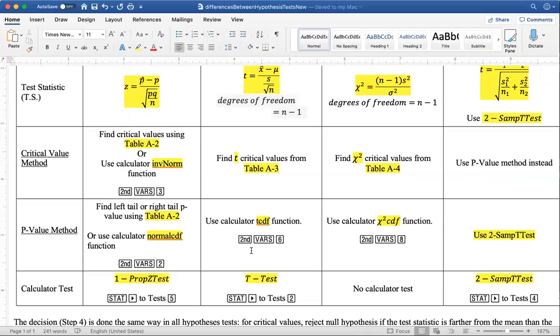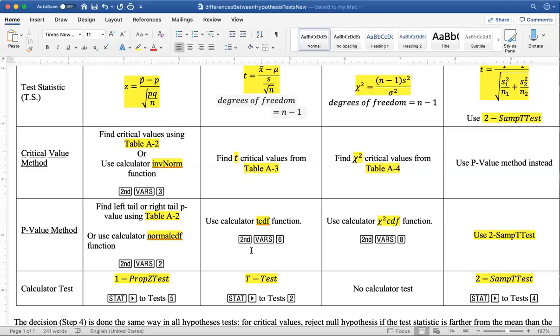For instance, in the test of proportion, we can either use table A2 to find critical values, or we can use the inverse norm function on the calculator, which we get to by doing second vars and hitting number 3. We put in the area to the left of the critical value, and that gives us the critical value that has that area to the left.